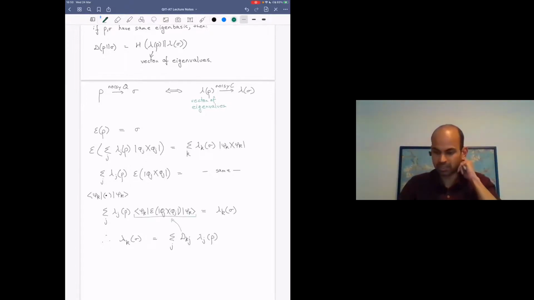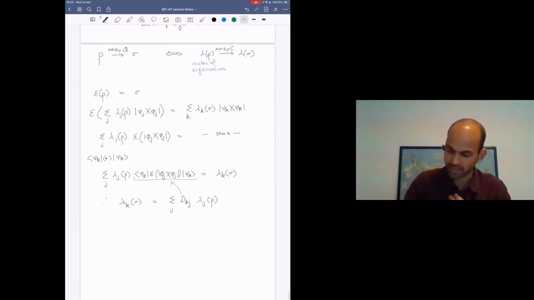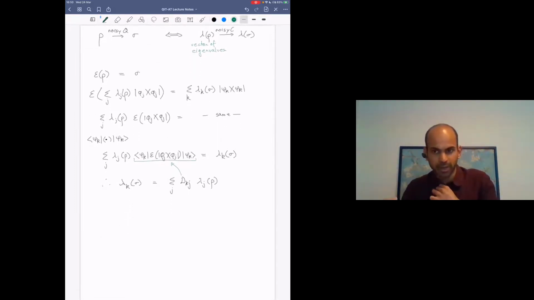So we have a set of numbers, d kj, which forms a matrix if you vary over k and j, and each element of this matrix is defined via this expression here.